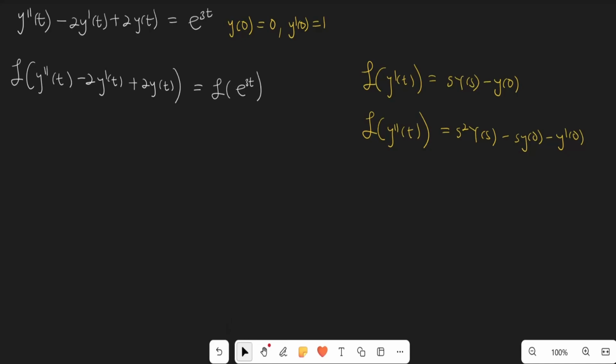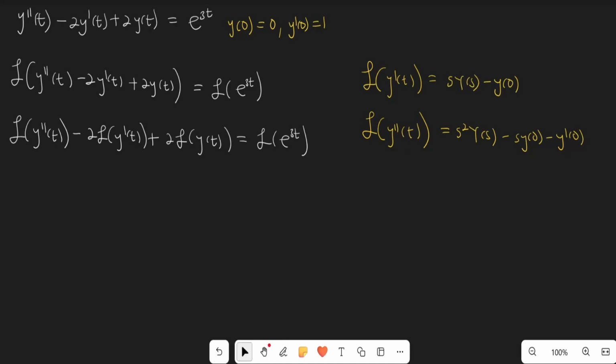Cool. So using the linearity property, we have the Laplace transform of y prime prime of t, minus 2 times the Laplace transform of y prime of t, plus 2 times the Laplace transform of y of t, and this is equal to the Laplace transform of e to the 3t. Now let's just plug these in.